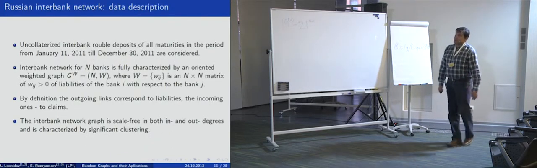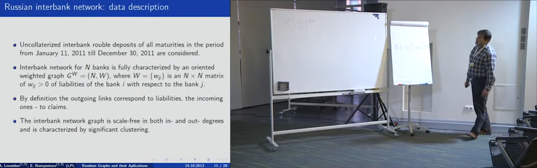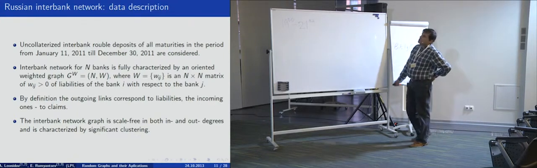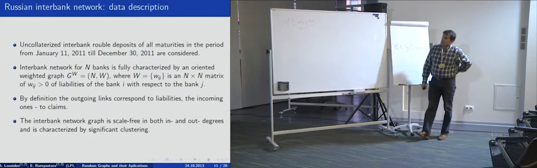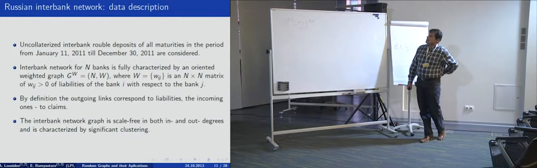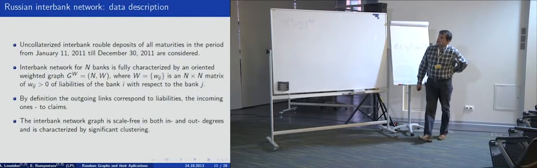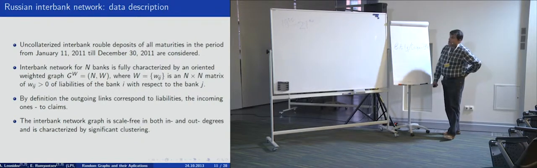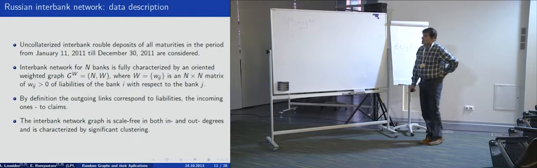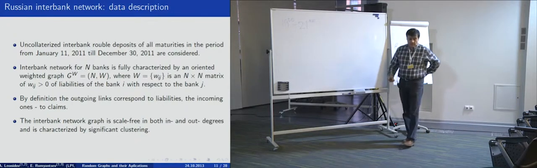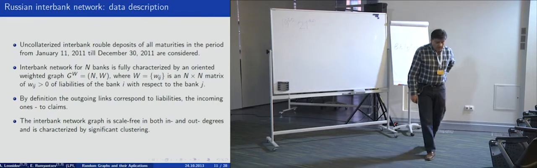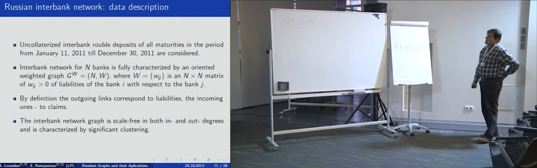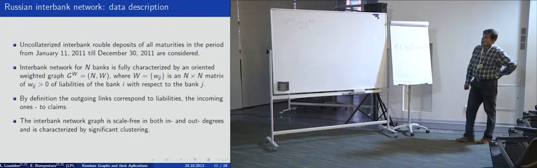And so to describe you the data, these are uncollateralized interbank ruble deposits, of all maturities. We use the data from a period of about a year. And this is, as I told you, an oriented weighted graph with weights of liabilities, and you fix the sign in some way that is appealing to you.